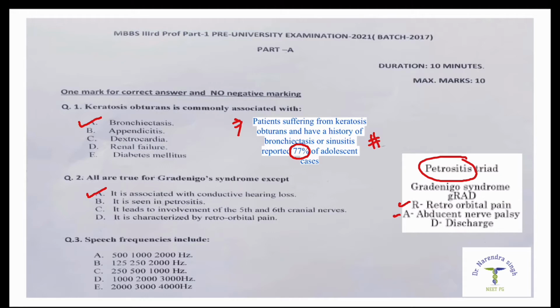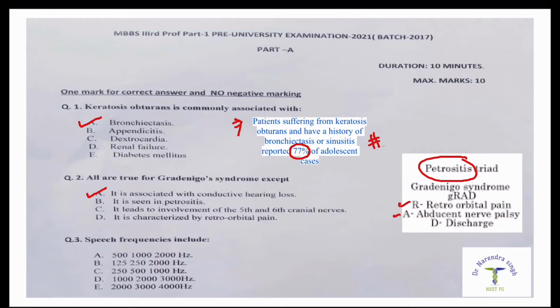Now coming to question number 3, which says: speech frequencies include. As we can see, almost every option looks correct, and if we generalize the question, then every option will be correct.